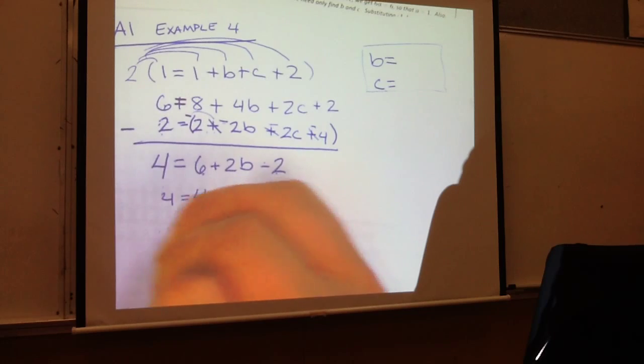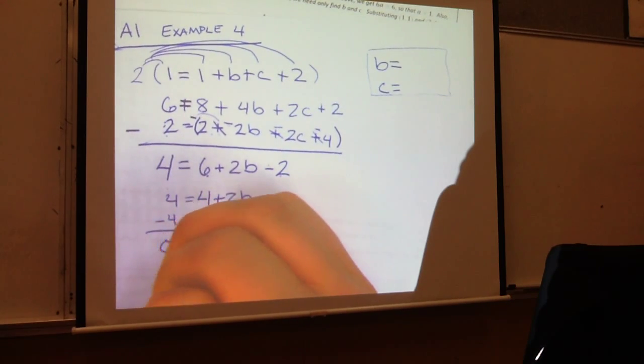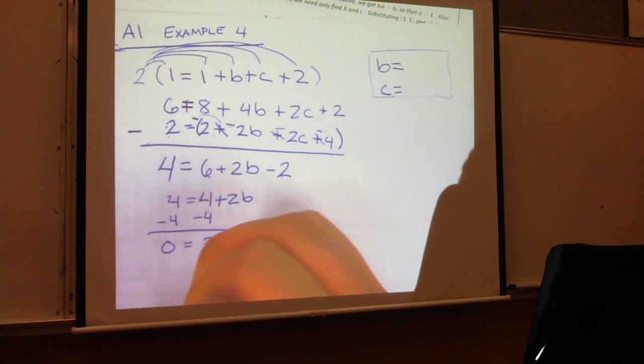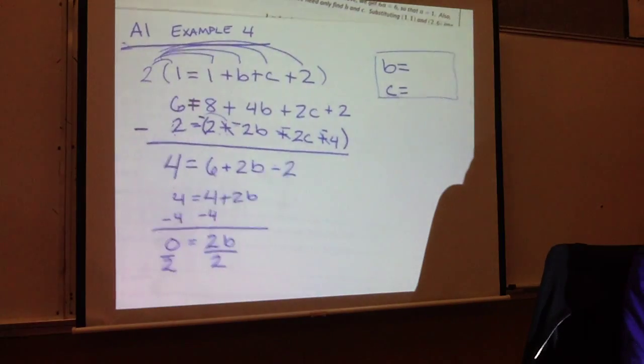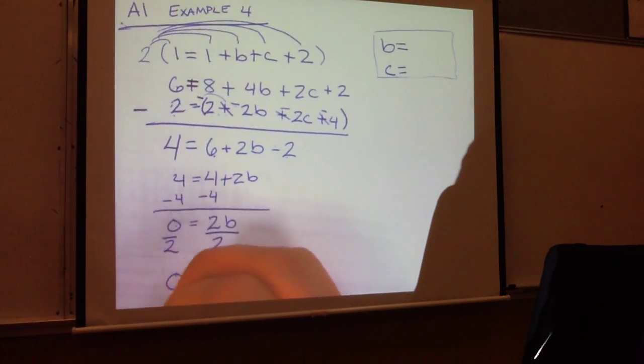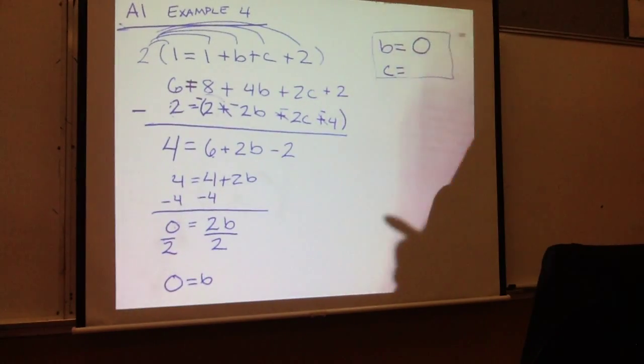Subtract 4 from both sides. Divide by 2. 0 divided by 2 is 0, equals b. And so now we know that b equals 0.